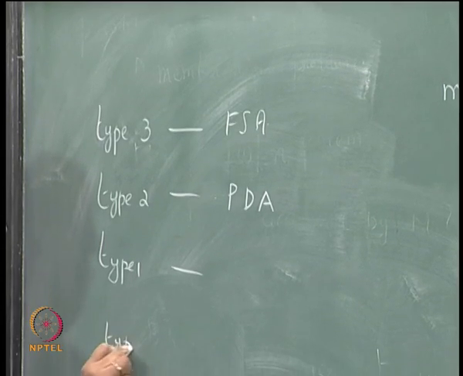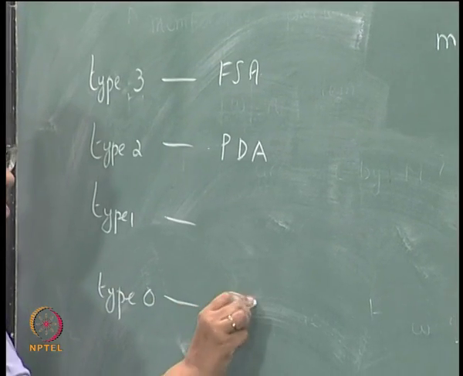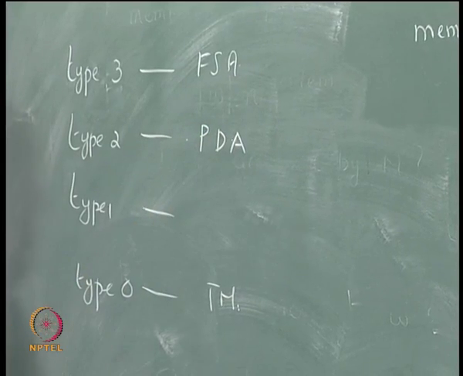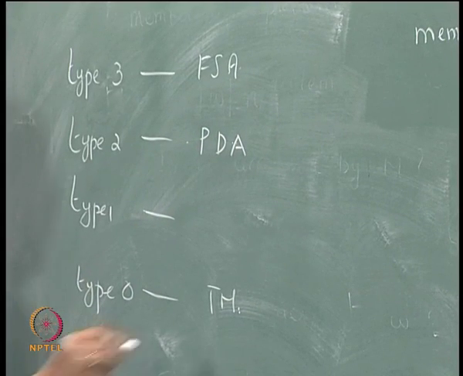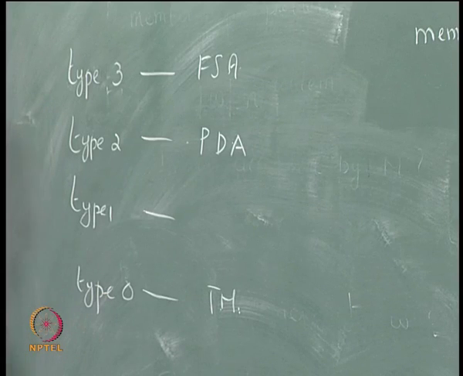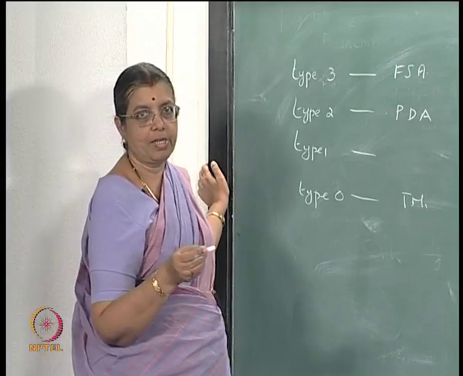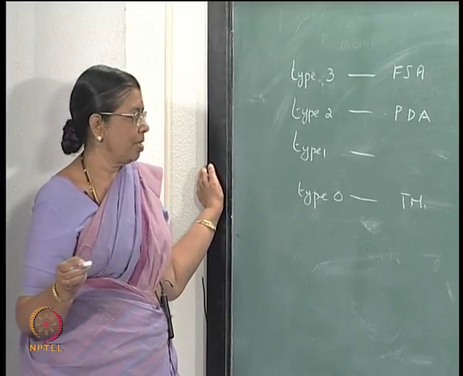Type 0, it is the Turing machine. Here the non-deterministic and the deterministic version are not equivalent as far as the push down automaton is concerned. For Turing machines, the non-deterministic version is equivalent to the deterministic version as far as accepting power is concerned, but the number of steps will be exponentially increased when you try to simulate a non-deterministic Turing machine with a deterministic Turing machine.